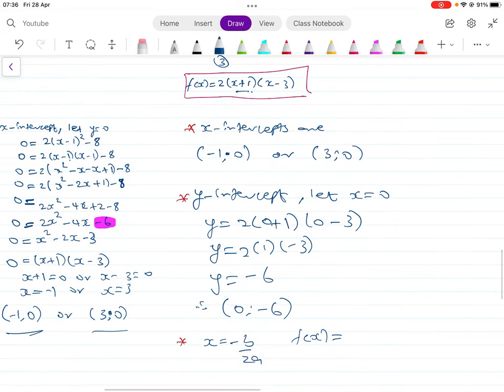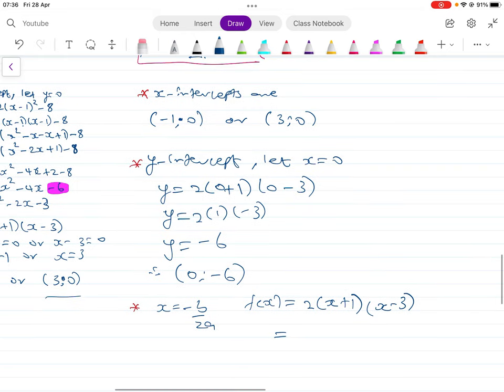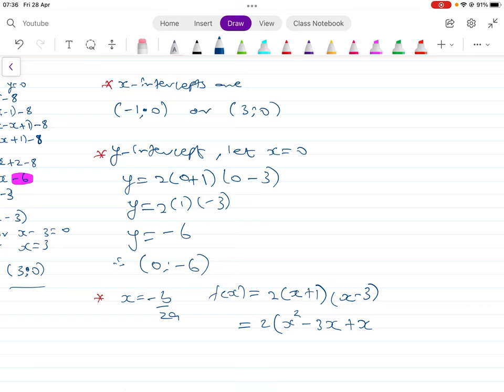Okay, so let's look at this 2 into x plus 1, x minus 3. So let's multiply out. This is going to be equal to 2 into x times x is x squared, x times -3, that's -3x, x times 1 is positive x, and 1 times -3, that's -3.